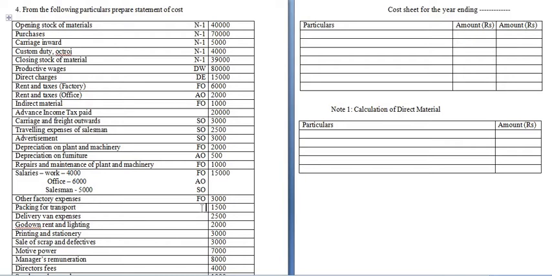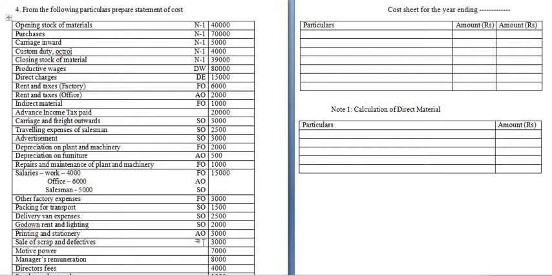Next, packing for transport, selling and distribution overheads. Delivery van expenses, selling and distribution overheads. Next comes godown rent and lighting, selling and distribution overheads. Printing and stationery, office expense, administrative overheads.